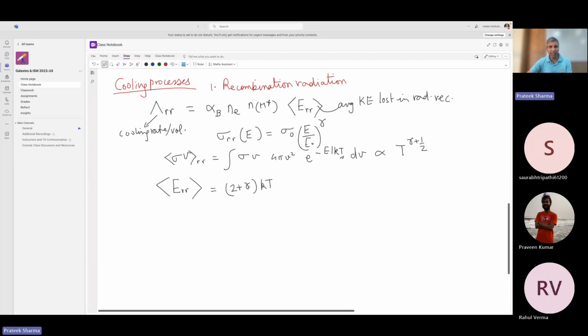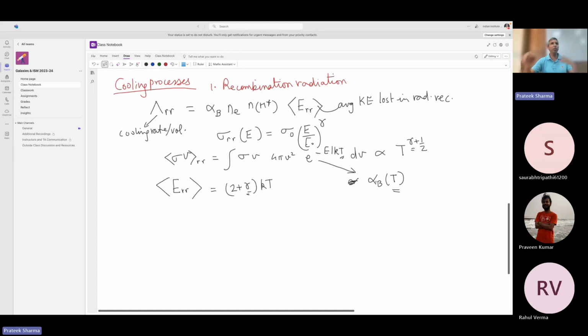You can actually calculate this value of gamma from your atomic physics. As I said, you have expressions for alpha B as a function of temperature. So alpha B is very similar to this. The temperature dependence of alpha B and gamma are related.